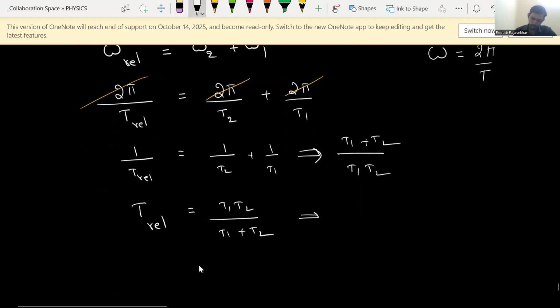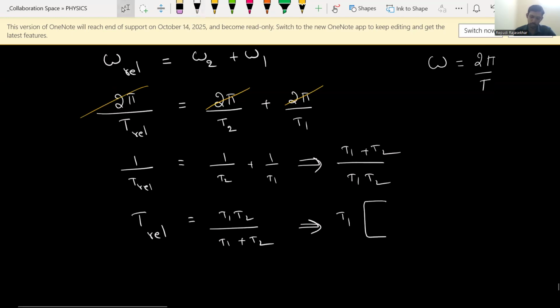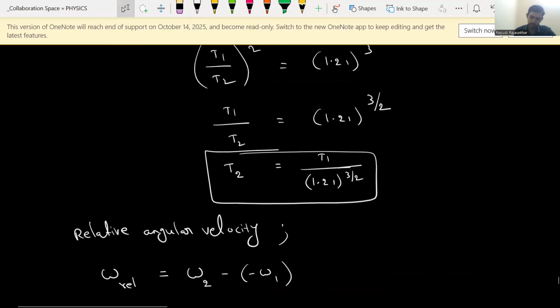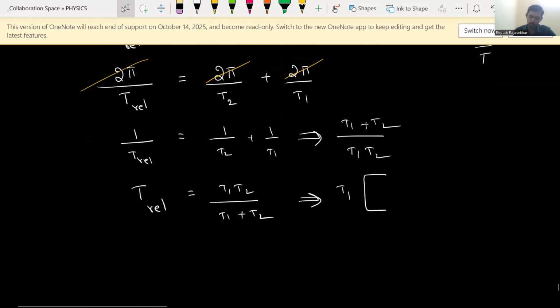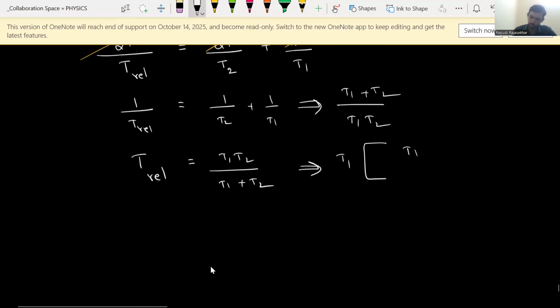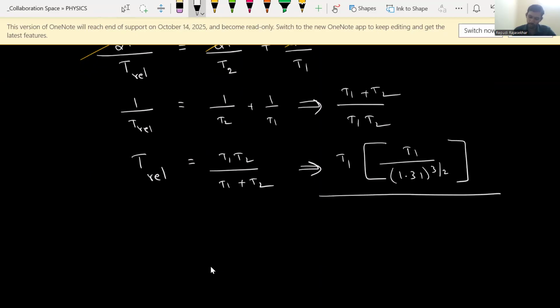T1 value I am taking as T1 only. T2 value, how to write it? That is T1 divided by 1.21 whole power 3 by 2. So T1 times T1 divided by 1.21 whole power 3 by 2, whole divided by T1 plus T2. T1 plus T2 means T1 plus T1 divided by 1.21 whole power 3 by 2.